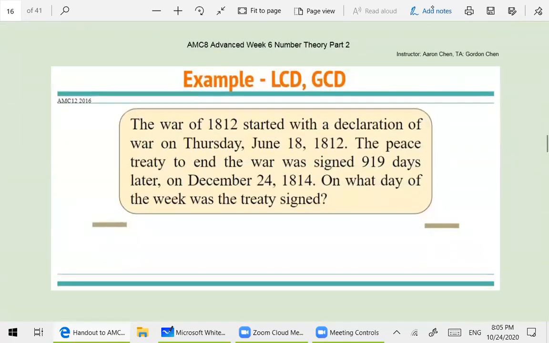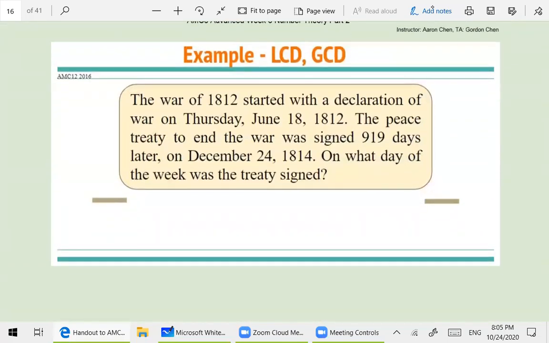Okay, now here's another example. You can just abbreviate the days to be like Sun, Mon, Tues, Wed, Thurs, Friday, and Saturday.